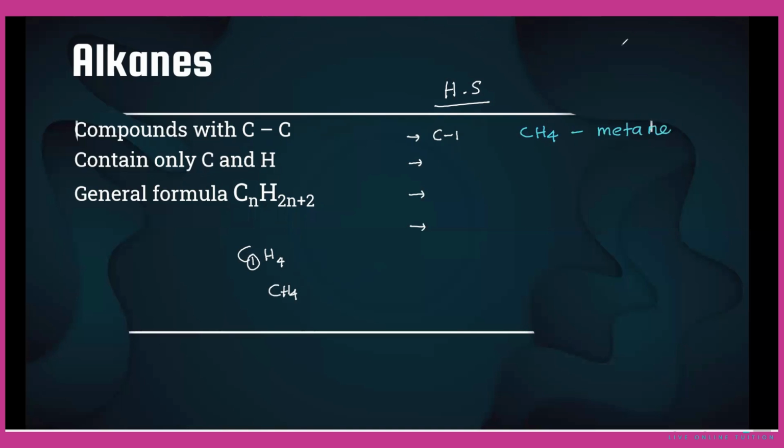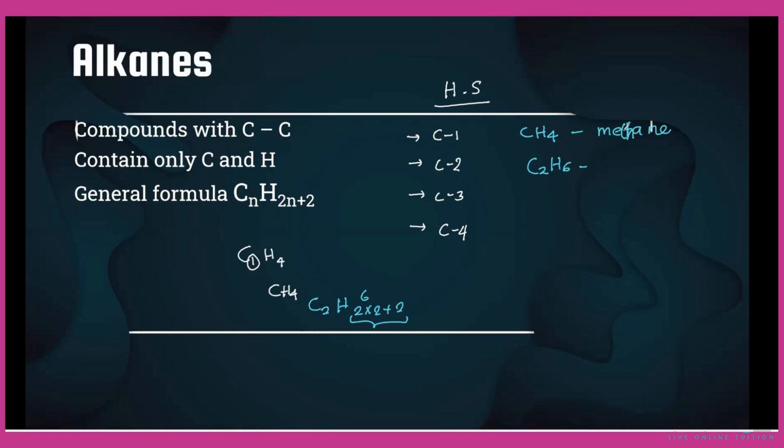And then when we have 2 carbons, if you substitute 2 instead of n in the general formula, then it will become C2, H2 into 2 plus 2. So the whole term becomes 6. Then the next compound in the homologous series is C2H6, which is ethane.